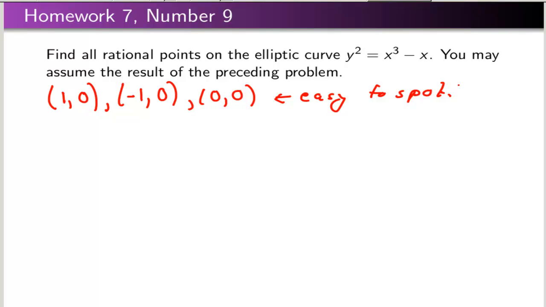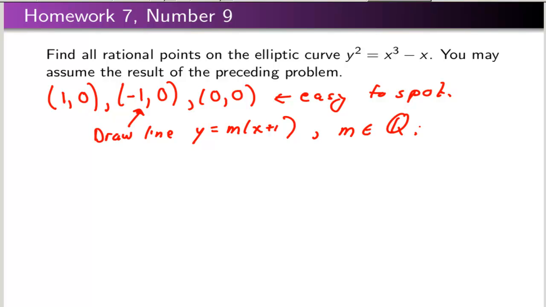Okay, now let's try using our chords and tangents or something to try to create some more points. So let's take our favorite one and draw the line y equals m times x plus 1, where m is a rational number. Okay, and then intersect with the elliptic curve.